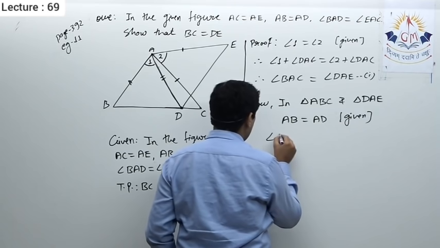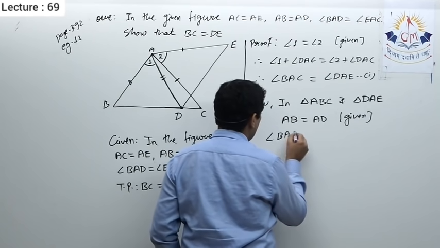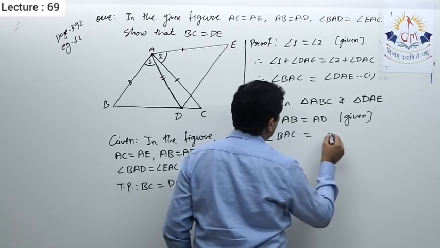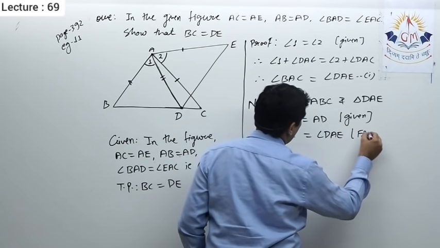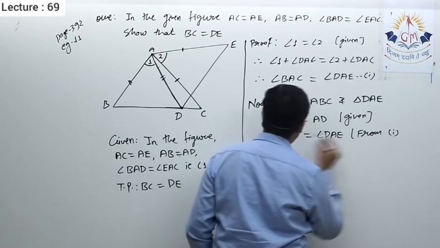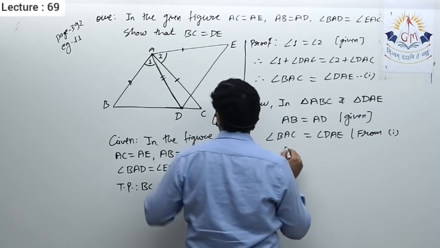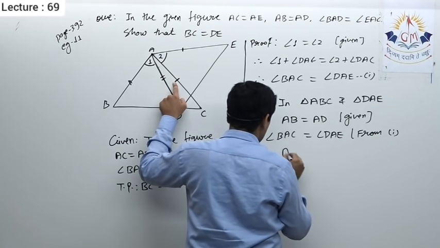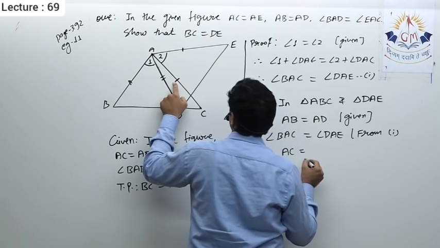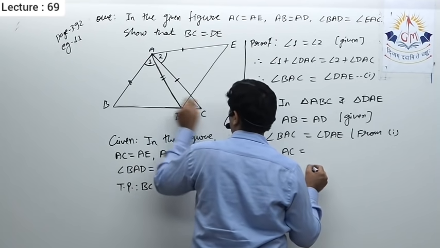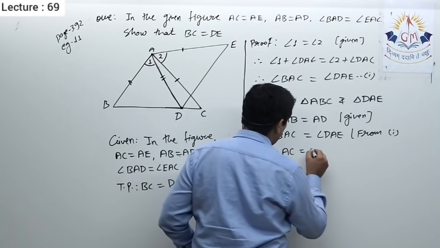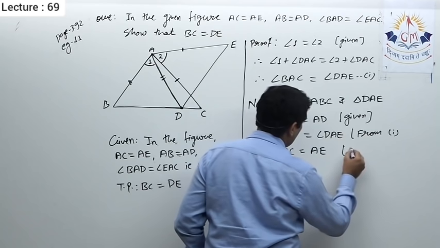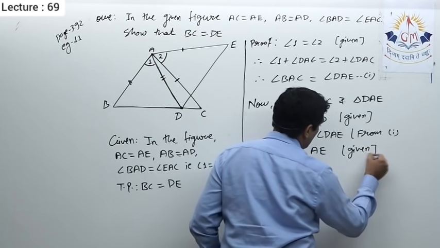Then angle BAC is equal to angle DAE, from first, that I proved in first, and finally side AC is equal to side AE, that is again given.